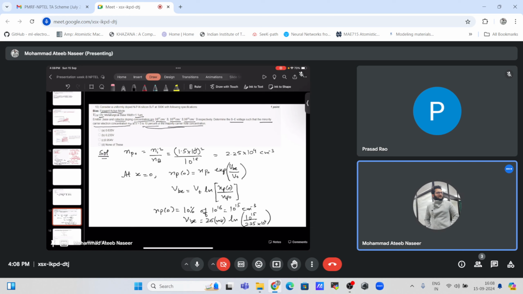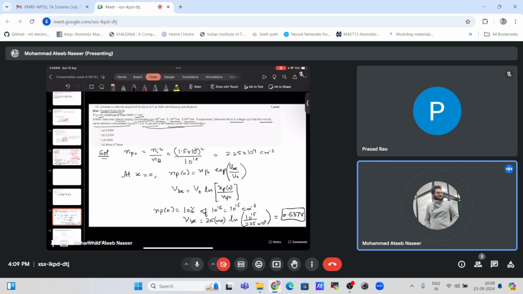So it is 10 to the power of 10 times 10 divided by 2.25, which is 4.44, so ln of 4.44 into 10 to the power of 10, times 26 millivolts, so it is 0.637 volts.